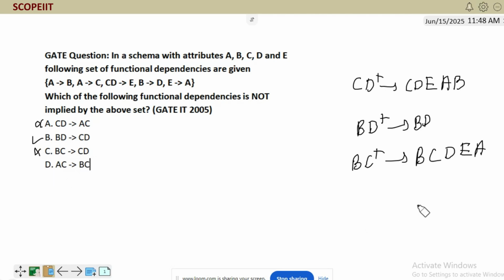Now check from AC. The closure of AC is first of all AC. After that from A I can get B. Then from B I can get D, and from this one CD we have C and D both, we will get E also. So that D is also not the correct one because we will get BC also. The correct answer for this question is option B.